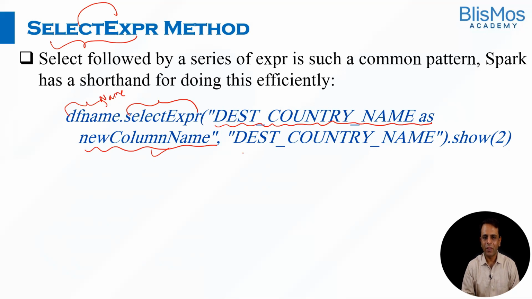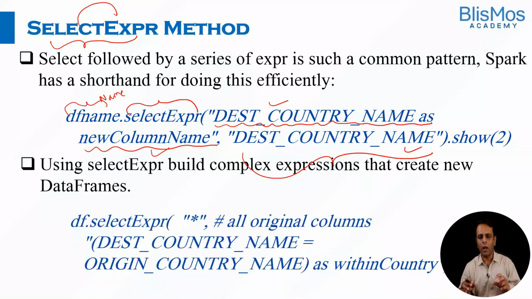And also we are trying to select the destination country name. That means the result of this will have two columns: one which has renamed the destination country name as a new column name, and also the original column as well. So you can see we are selecting the column this way, and also we are doing some expression as well. And it is not that we can build only simple expressions as a part of selectExpr. We can also build complex expressions.